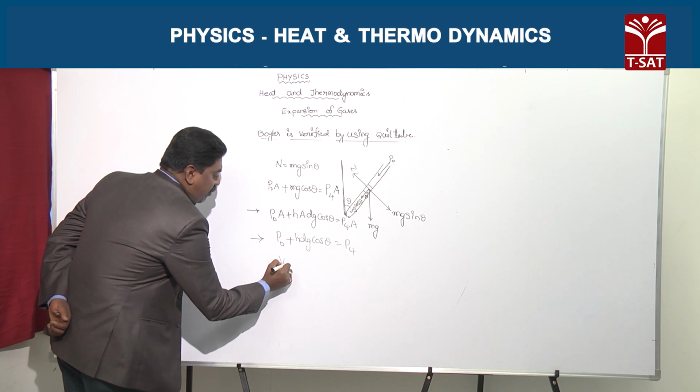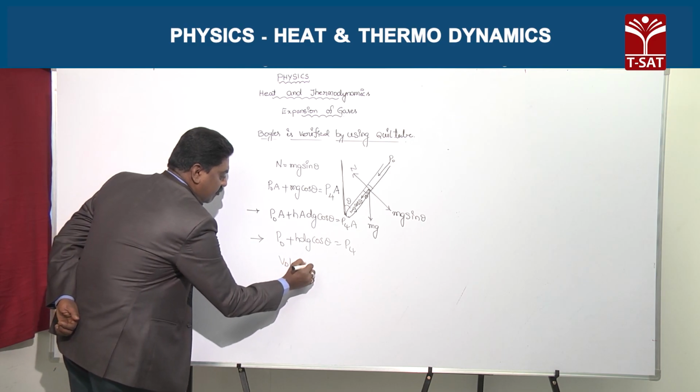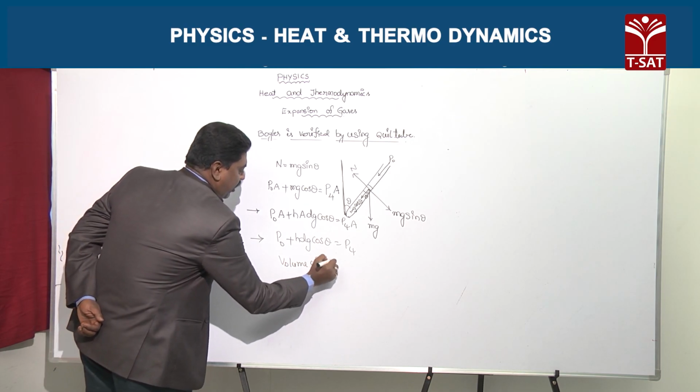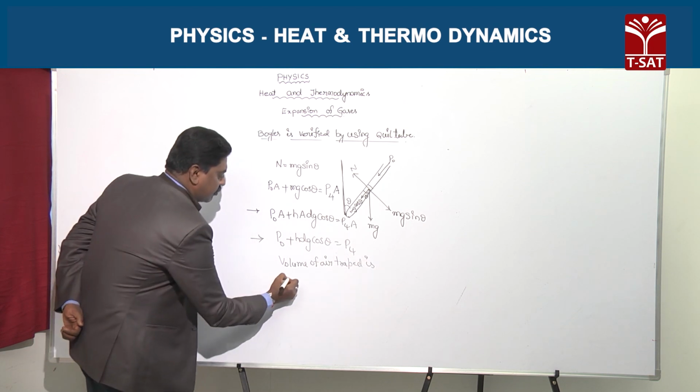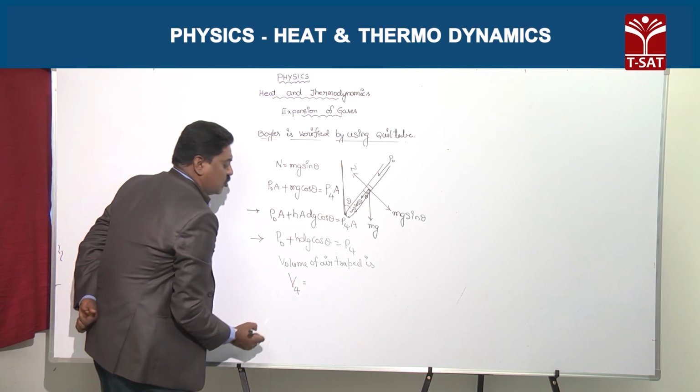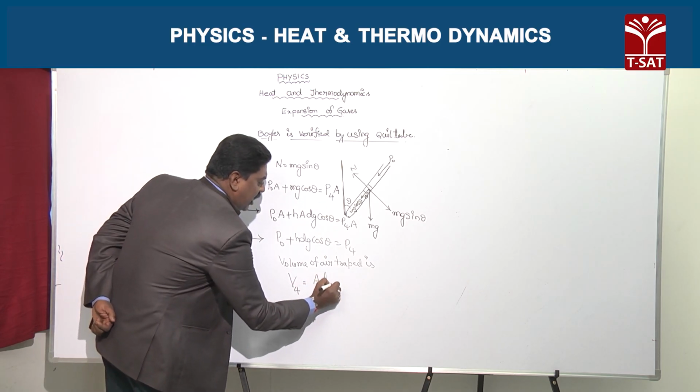Volume of the air trapped is V4 equals area of cross section into L4.